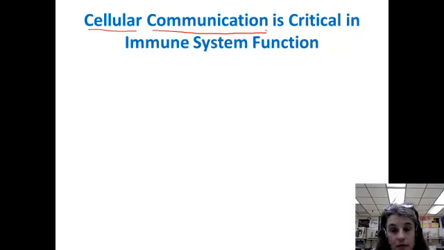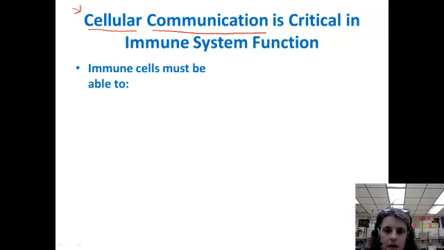So if you are ever sitting for an AP exam in May, and perhaps you get an essay that asks you to discuss cell communication, the first thing that should come to your mind is the immune system, and also a couple of other systems, endocrine and nervous, which we'll also be talking about soon.